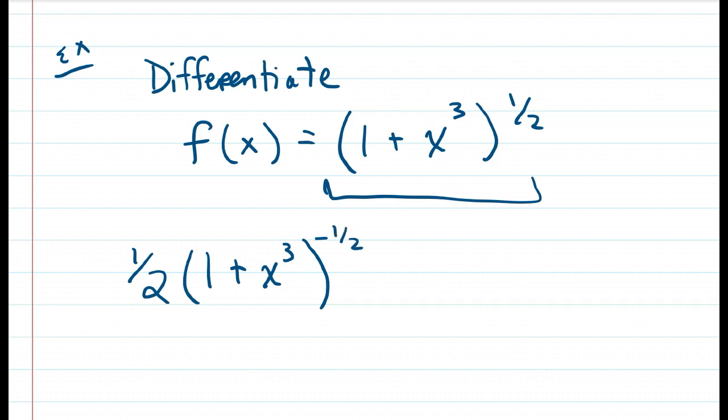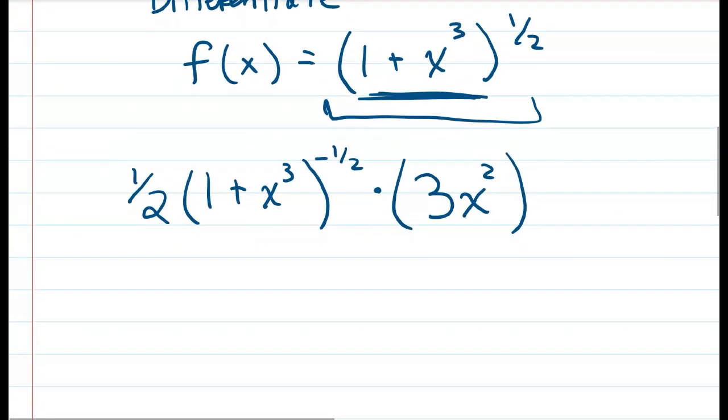And then if you go back to our chain rule, it said to now multiply this times the derivative of the inner function. Well, the inner is what's inside the parentheses, 1 plus x to the third. The derivative of 1 is 0, and we add that to the derivative of x to the third, which is 3x to the second. We'll get 3x to the second.